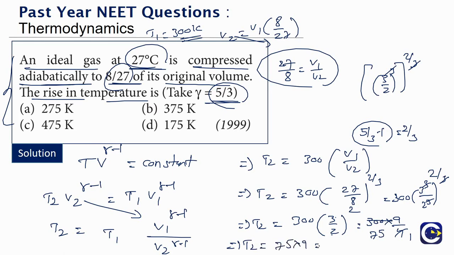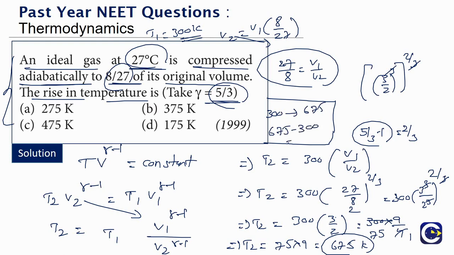How much is it? 9 5s are 45. 9 7s are 63. So it will be 675 on the Kelvin scale. So here they are asking what is the rise in temperature, means what? Initial temperature is how much? 300. So from 300 it is going all the way up to what? 675. So what is the rise? Rise is what?